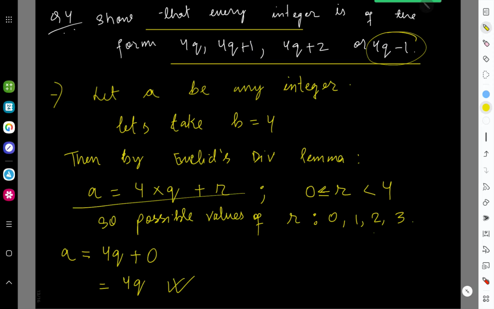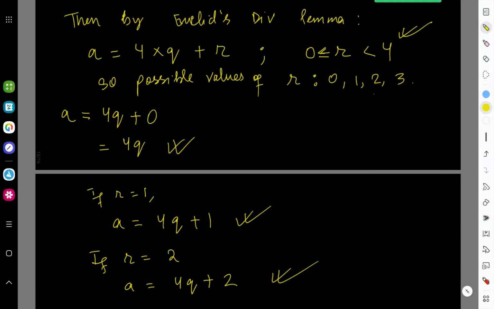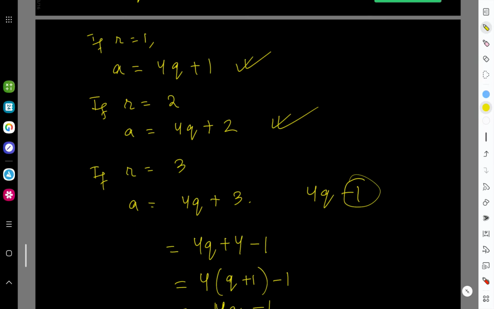And then we have used Euclid's division lemma, and this is the expression after using the lemma. Then we work out the possible values of the remainder, and the condition says that it should be less than 4. So the possible values of r are 0, 1, 2, and 3, and we have substituted each value of r in the Euclid's division expression.